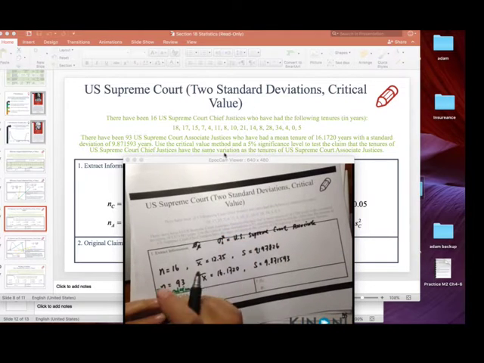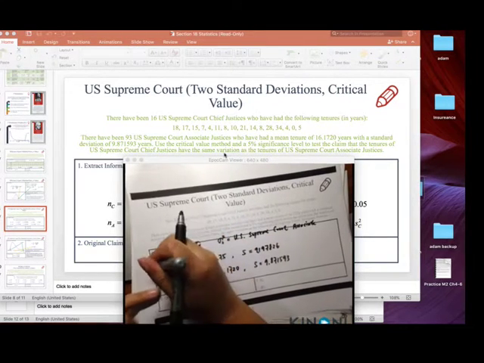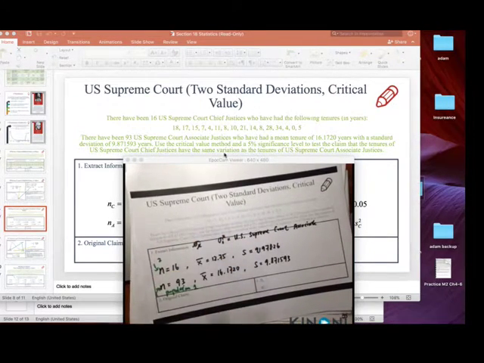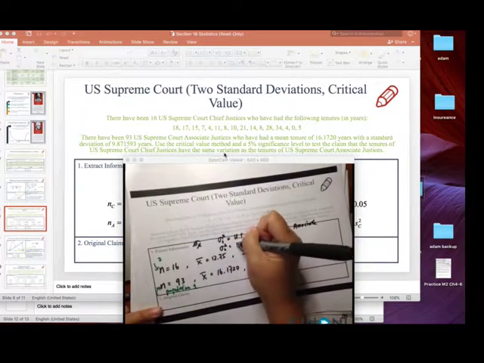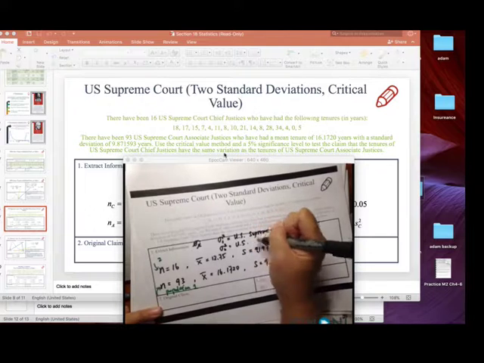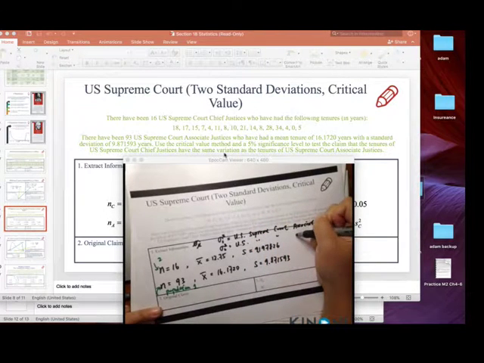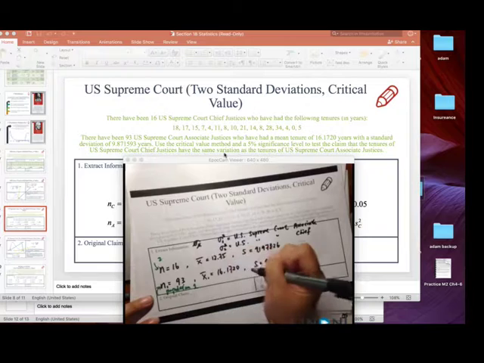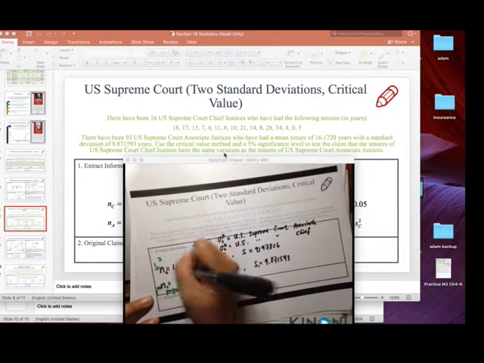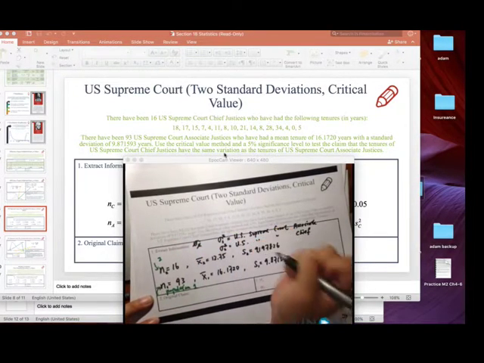And then that will be population 2, so that would be variance squared here, United States Supreme Court, and that will be the Chief. So here that will be 1, 1, 1, and that will be 2, 2, and 2.